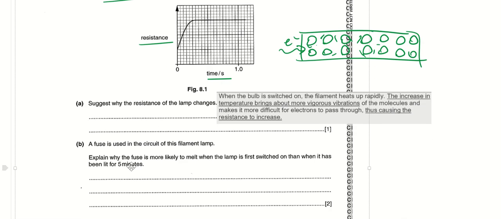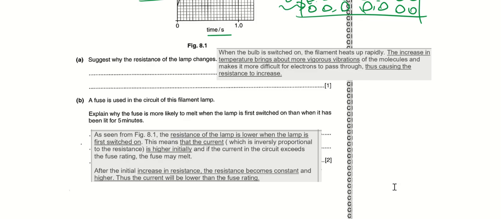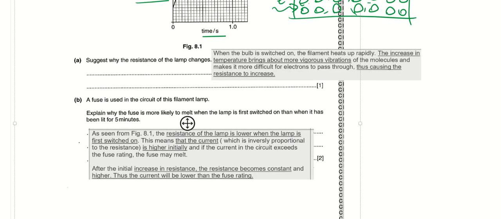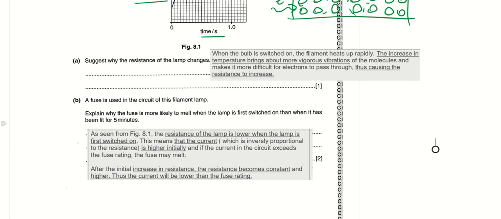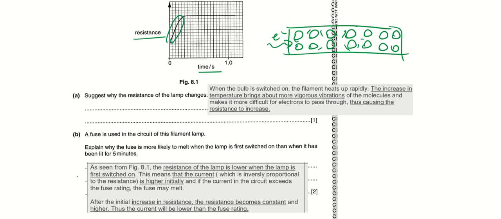Alright. So a fuse is used in a circuit of this filament lamp. Explain why the fuse is more likely to melt when the lamp is first switched on than when it has been lit for 5 minutes. So why is it that the fuse is more likely to melt? If you look at figure 8.1, initially the resistance of the lamp is lower.